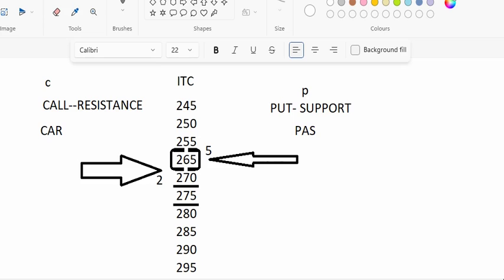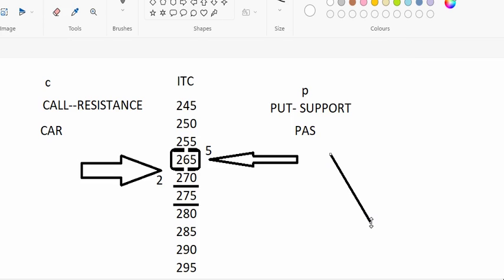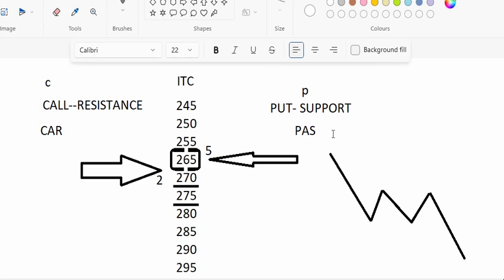So why do we call it support? Let's draw a little line right here, like this. Let's say this is the 280 price point. This one is 260.